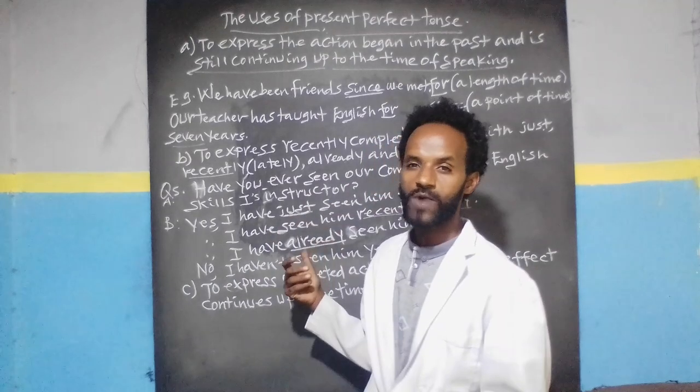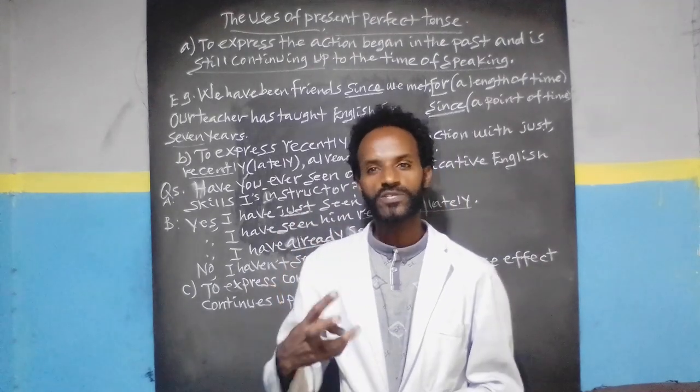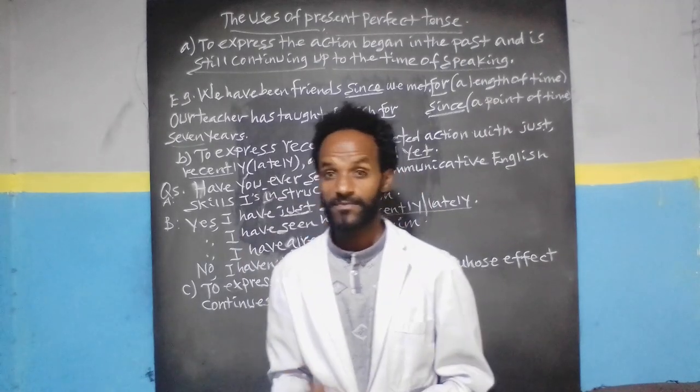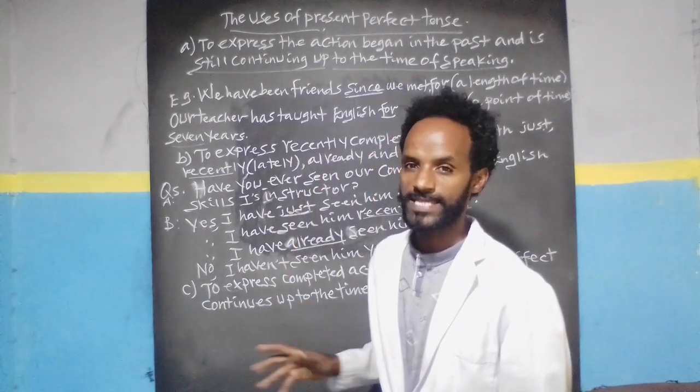Please don't forget to use the present perfect tense for such kinds of speech. You can apply the tense which is called present perfect tense. Now let me show you this with an example.